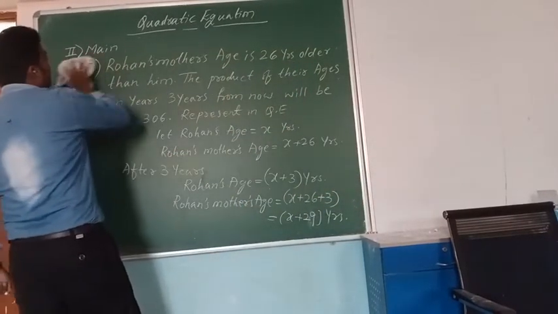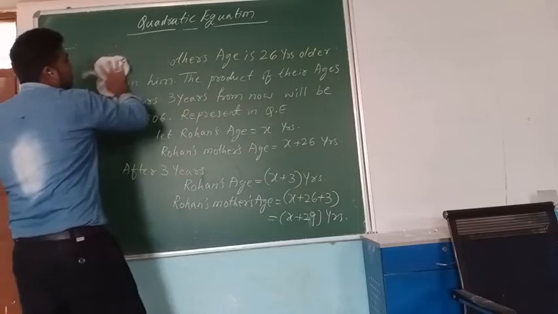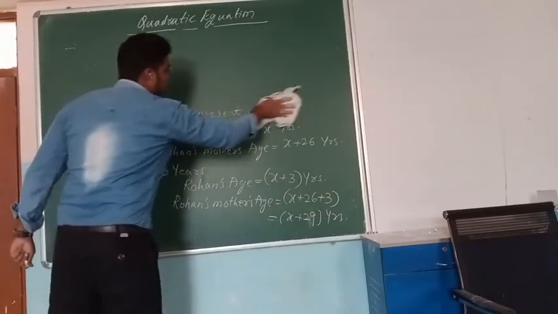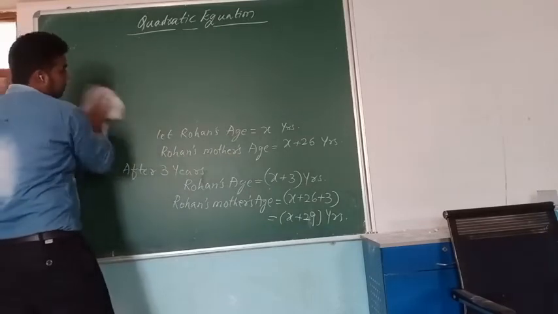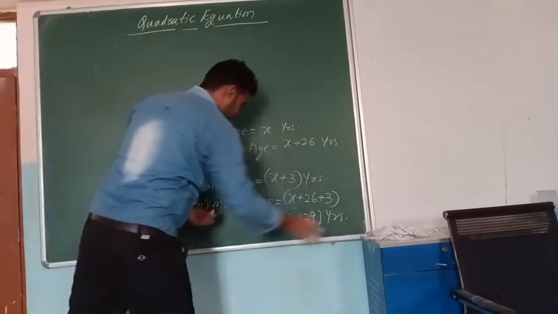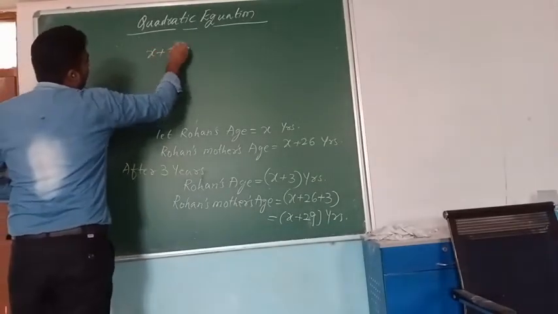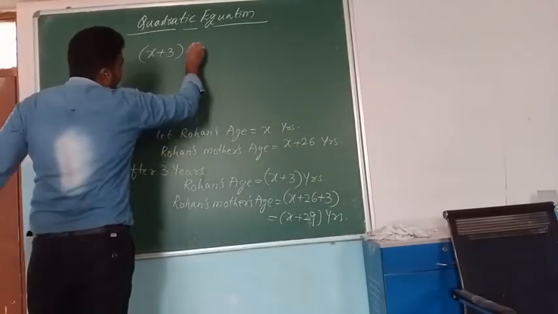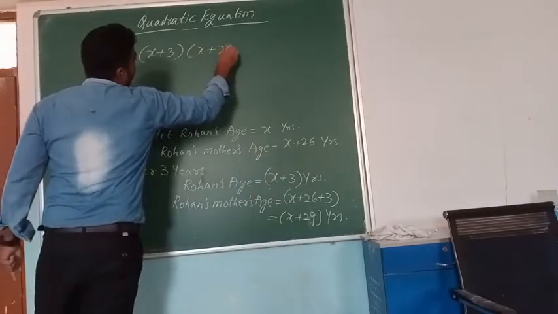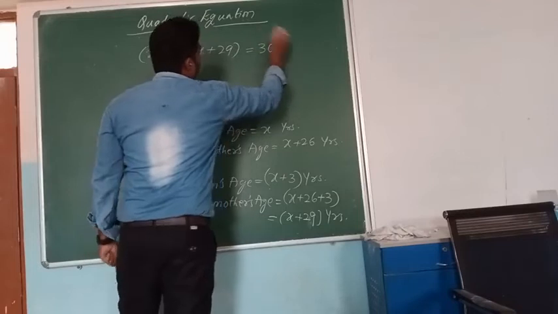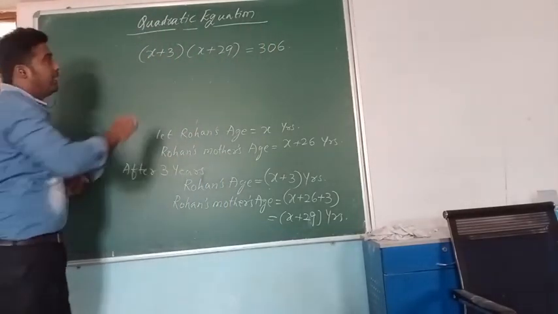So it becomes (x plus 3) in the bracket (x plus 29), which is equal to 306.